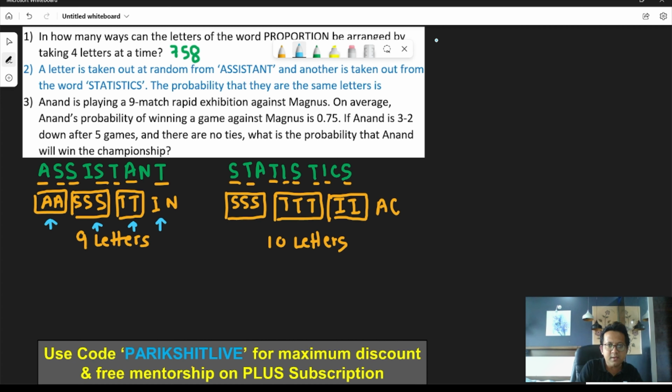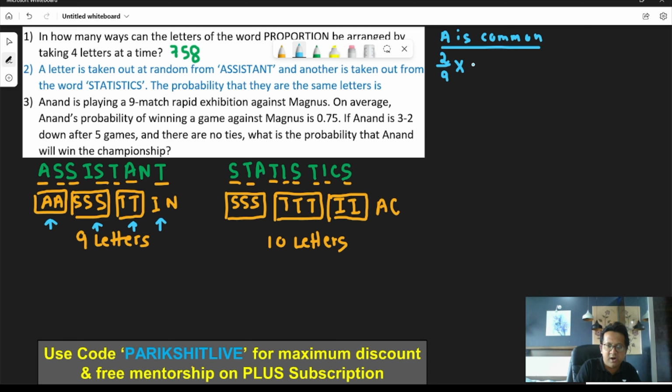Okay, so let's look at scenarios. Scenario 1 could be A is common. There are 2 A's, right? So you pick up A from the first word and A from the second word. The first word has got 9 letters, out of which there are 2 A's.